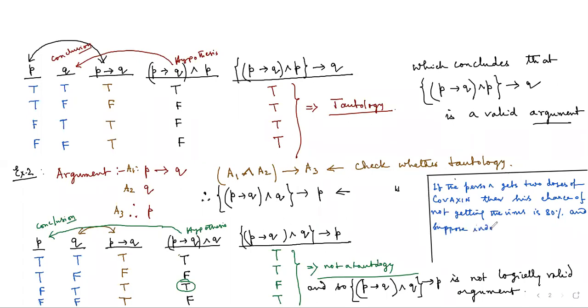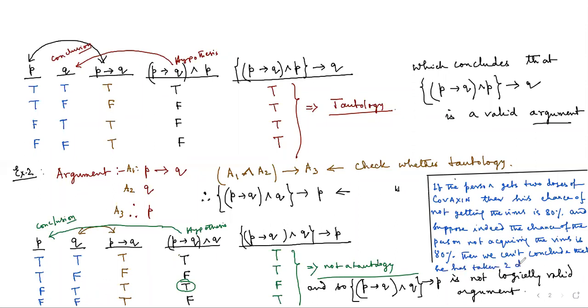And suppose indeed the chance of the person not acquiring the virus is 80%, then we can't conclude that he has taken 2 doses of Covaxin.